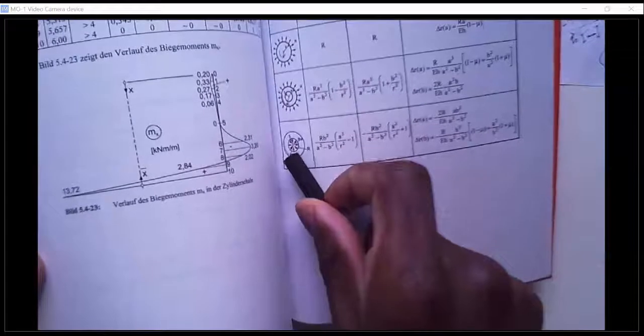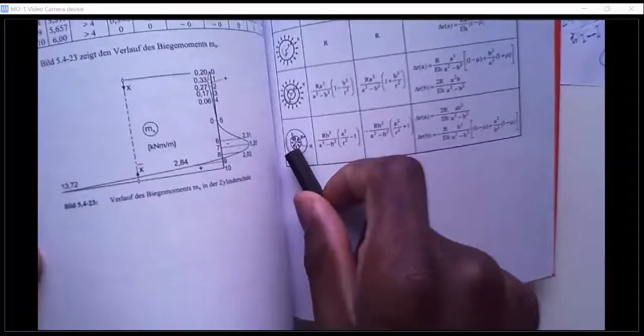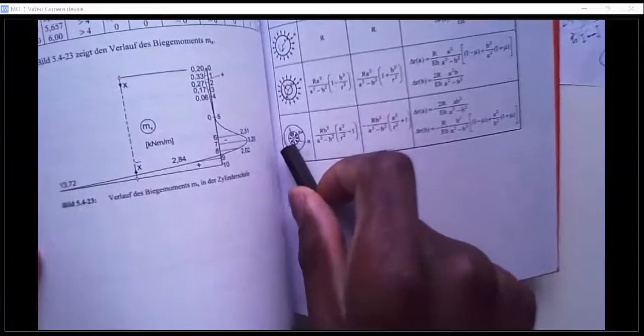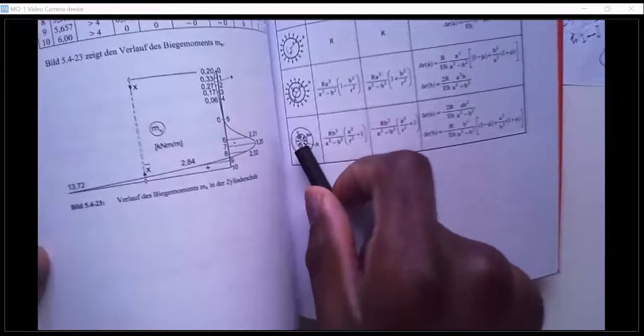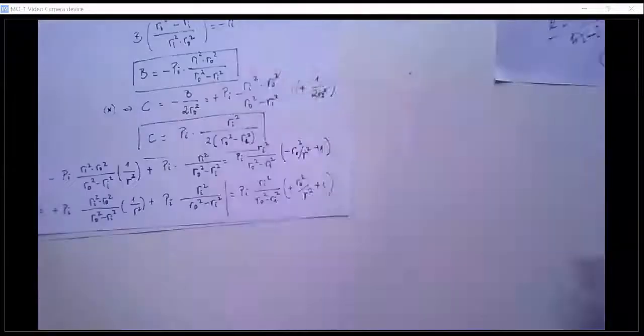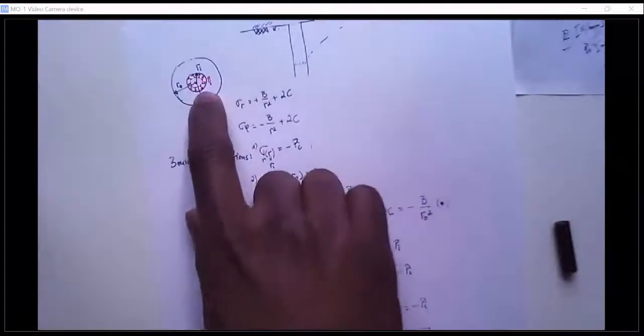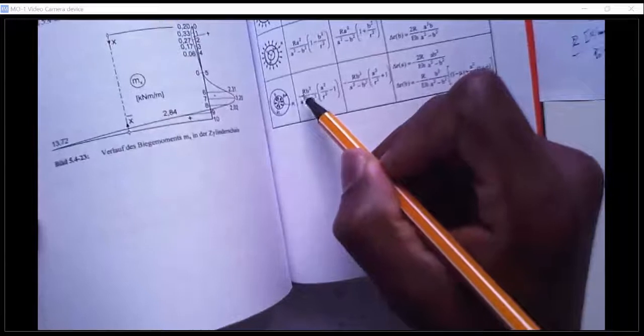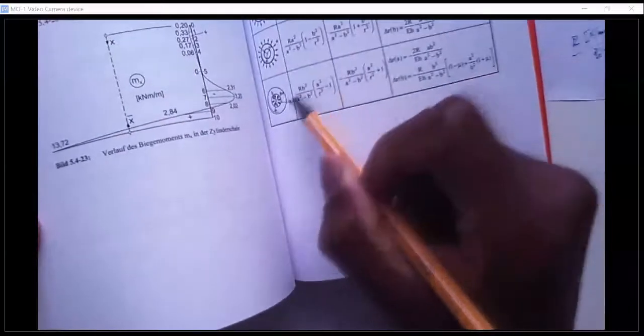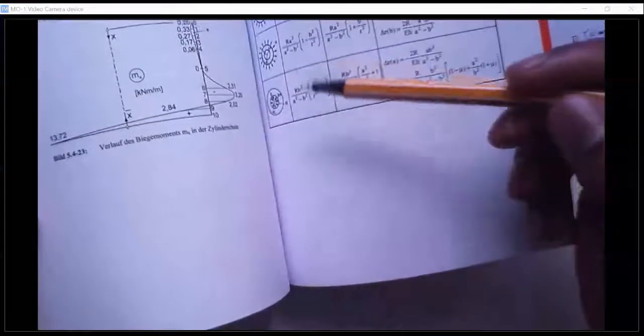If you look at what they have here, the stress is going inside, but we had a stress that's going outside. So basically, we just need to change this. The stress here is minus our value. So we need to multiply the whole thing here times minus 1 to get our values.